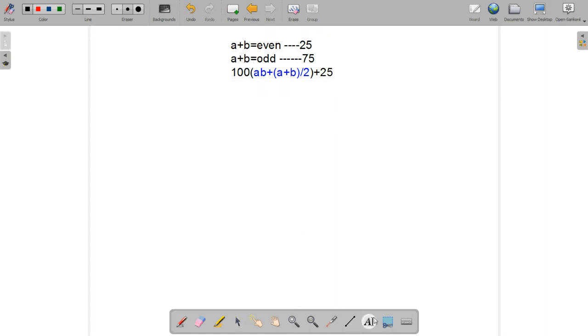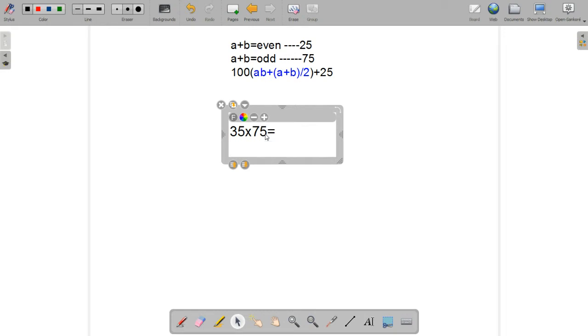So now let's do some examples. 35 times 75. Okay, so what's our first term? A times B. That's 3 times 7, which is 21. What's A plus B divided by 2?